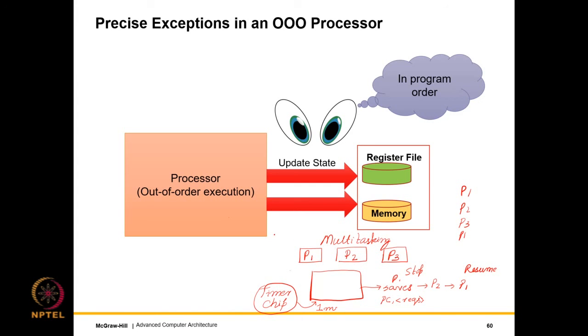And what are precise exceptions? Well, they just say that, for a pair of eyes outside the processor memory black box, they essentially perceive in order execution, which means that all software entities, be it the programmer, the compiler, the operating system, all of them perceive in order execution, even though inside the processor we are actually doing out of order.